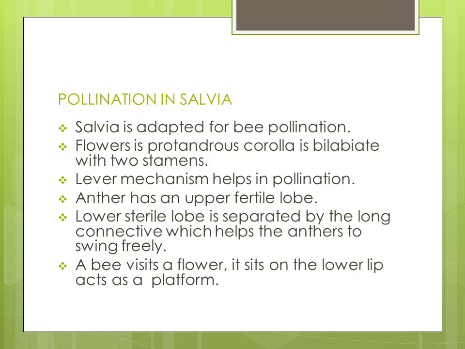The anther has an upper fertile lobe and a lower sterile lobe, and both are separated by connective tissue. So it helps the anthers to swing freely. As you may have seen in the picture, the anther was swinging freely. So if the bee visits a flower, it sits on the lower lip, which acts as a platform.